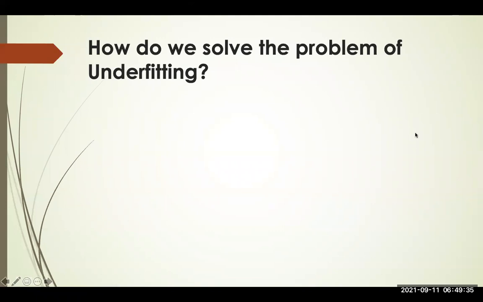How do we resolve the problem of underfitting? Anybody? Well, since for overfitting it was adding more data, I was thinking maybe you remove some redundant data. What do you mean by redundant data? Some unnecessary data, maybe like data cleaning.